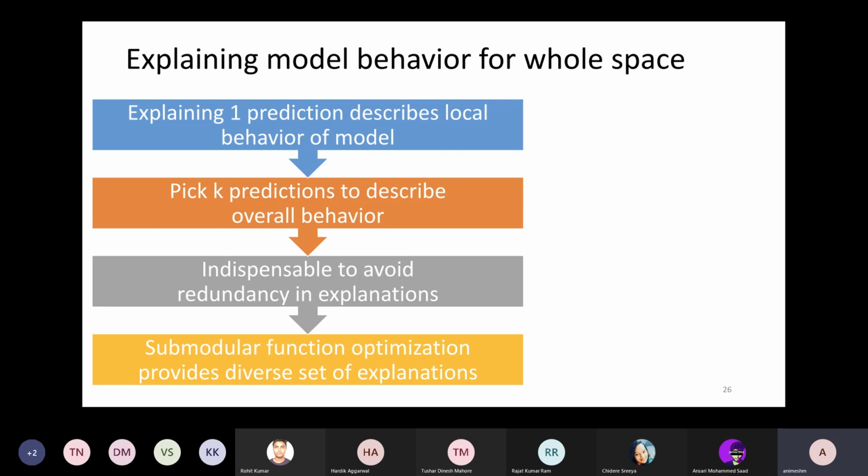Okay. Now, as I was telling you earlier, it is very difficult to avoid redundancy if you pick these k predictions, say, randomly. If you do that randomly, there is a high chance that the points that are chosen are redundant.